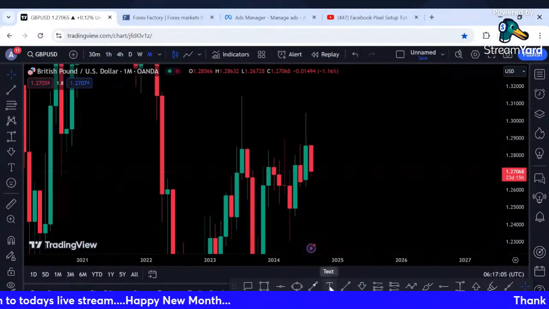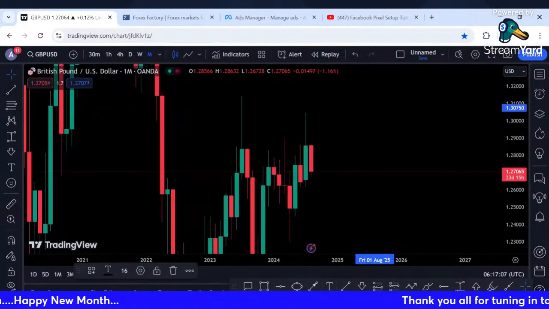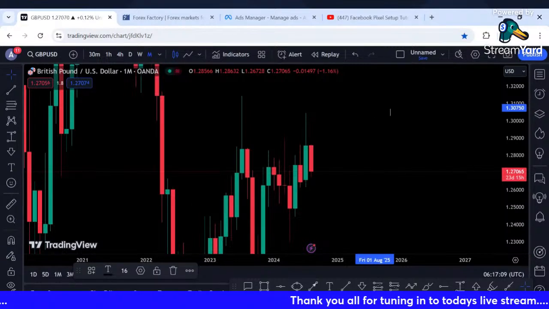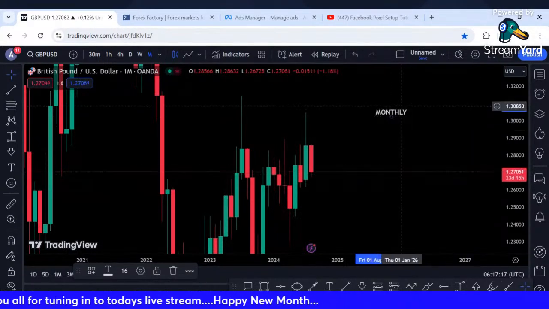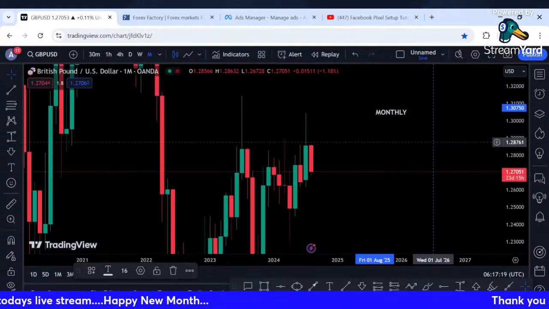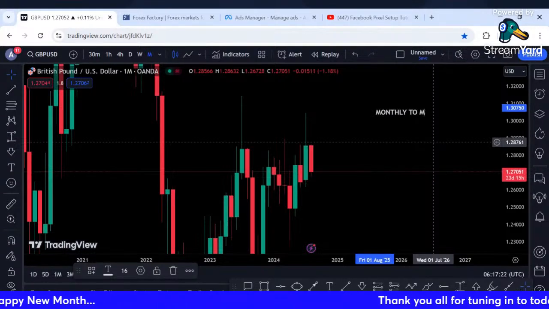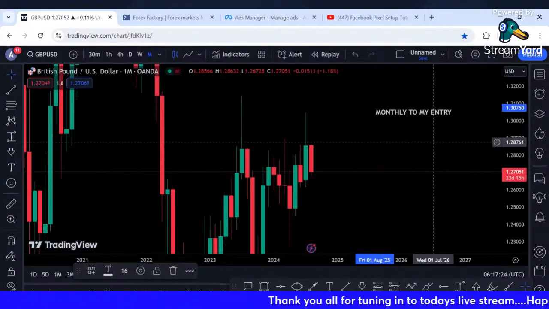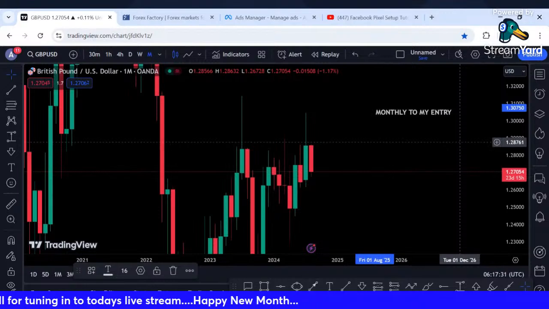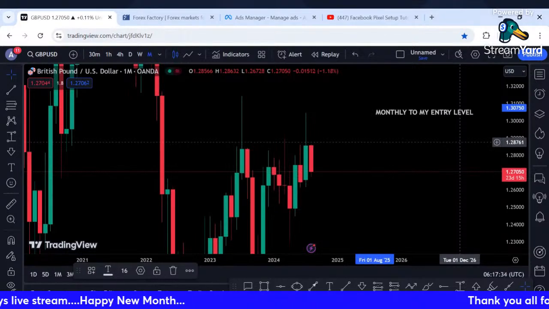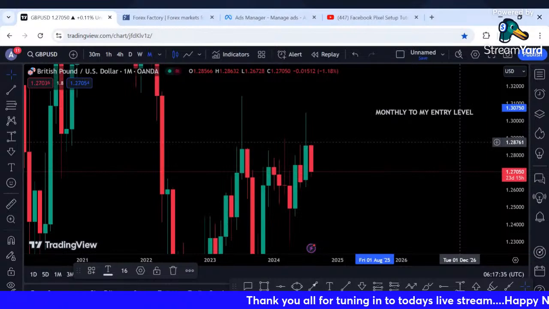So going to the technical aspect, I analyze from the monthly time frame down to my entry level. My entry time frame can be H1 or M30. That's the only time frame I use for my entry level.